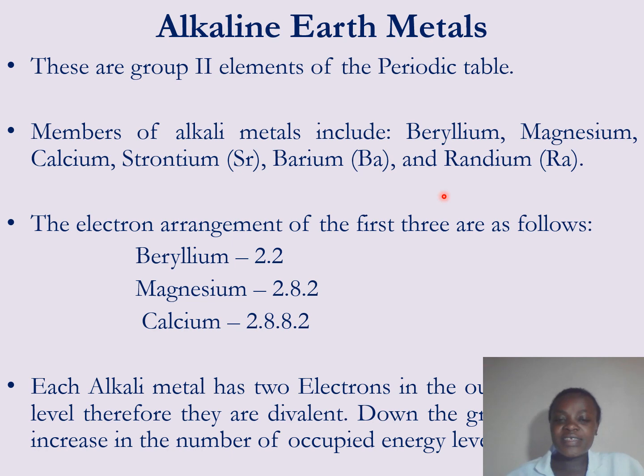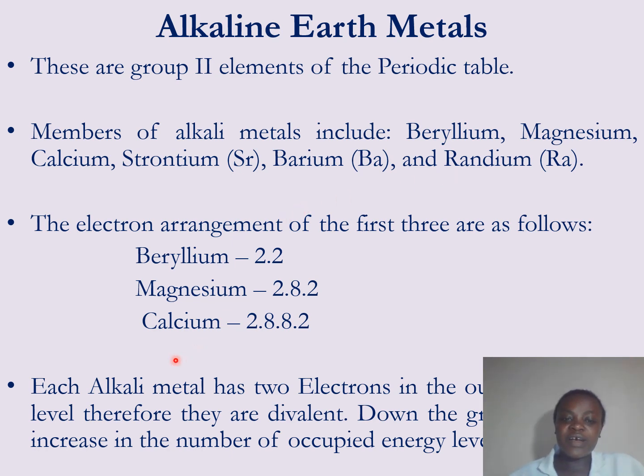In Form 2, we only look at the first 3 elements, that is beryllium, magnesium, and calcium. The others are still in group 2, though they are past the first 20 elements.